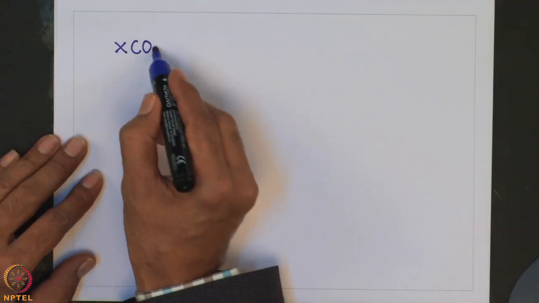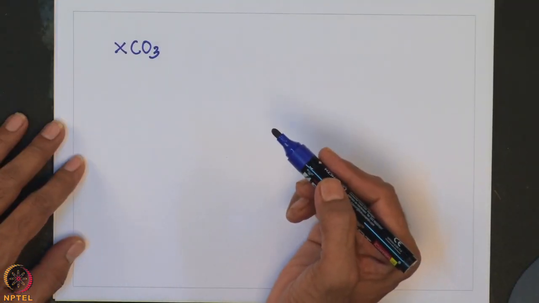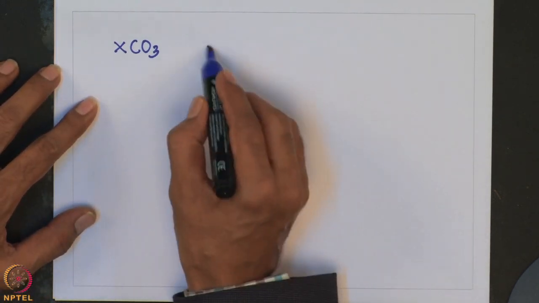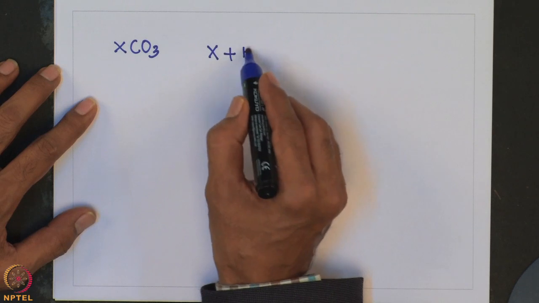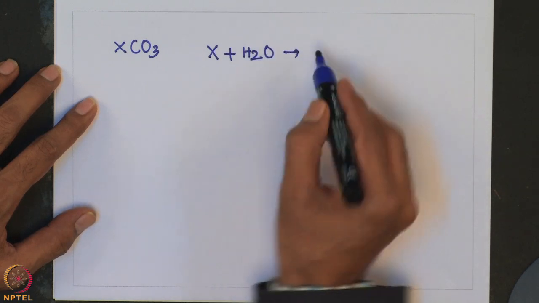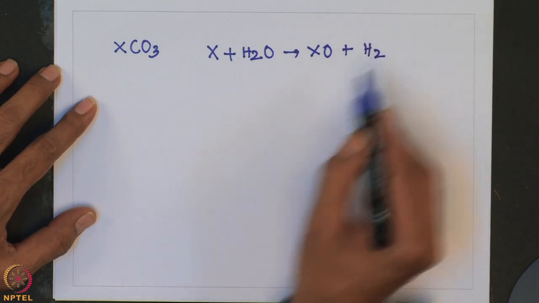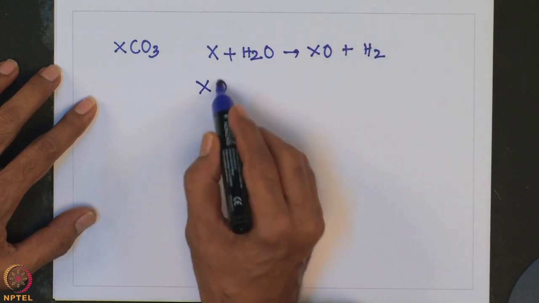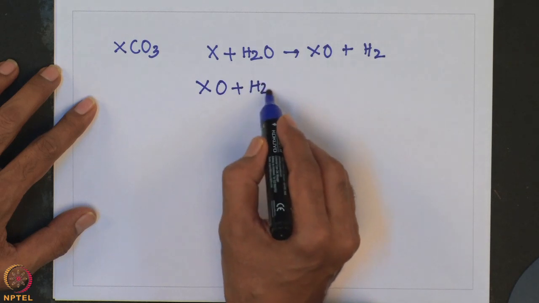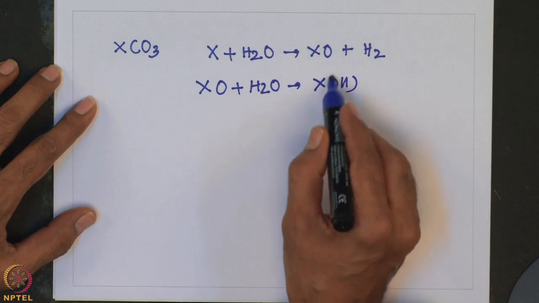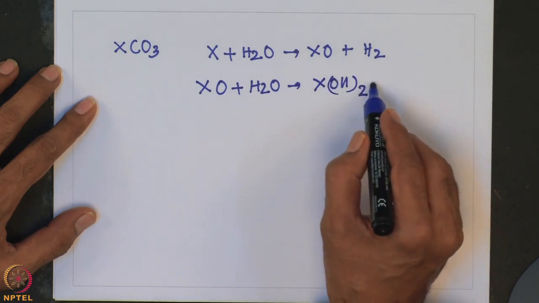So, let us consider this is XCO3. We have to find out what is X, it is an alkaline earth metal. So, X plus H2O initially gives XO plus H2, and of course, XO with another molecule of water forms the hydroxide.